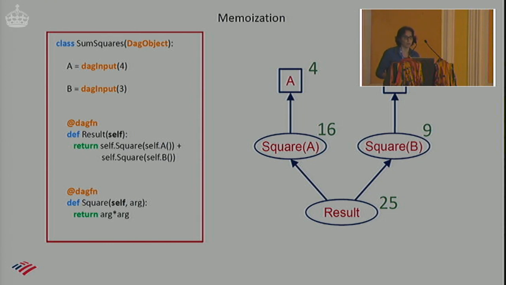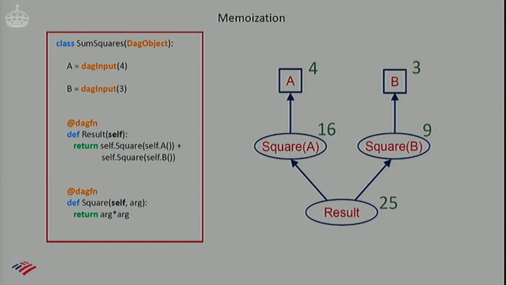You write some Python code, and you annotate it. It looks like normal Python, but then you annotate it with some DAG stuff. And then instead of just calculating, in this example a sum of squares calculator, instead of just calculating the sum of the squares of the inputs, it will spawn a graph in memory with a node for every function invocation with the value of that function memoized.